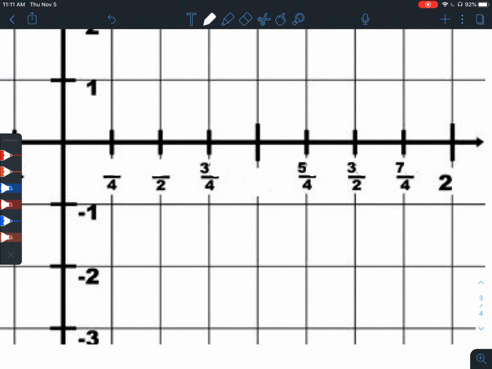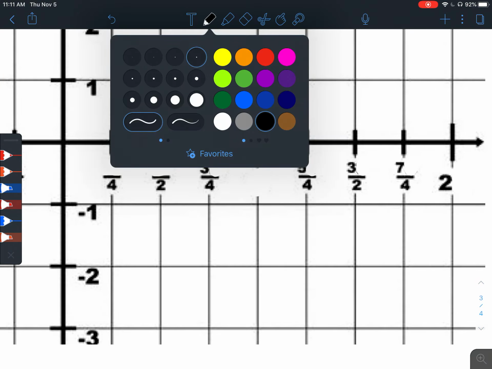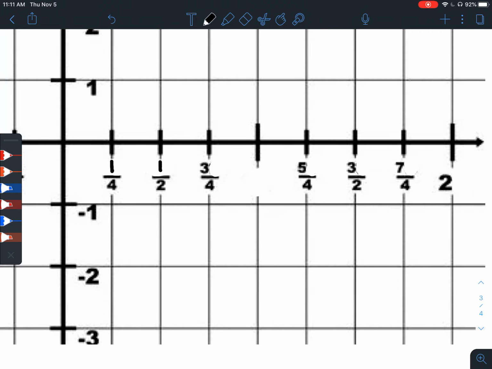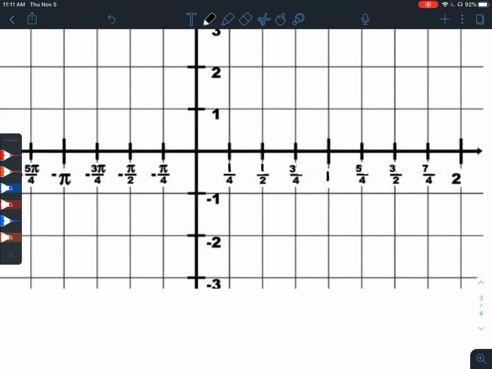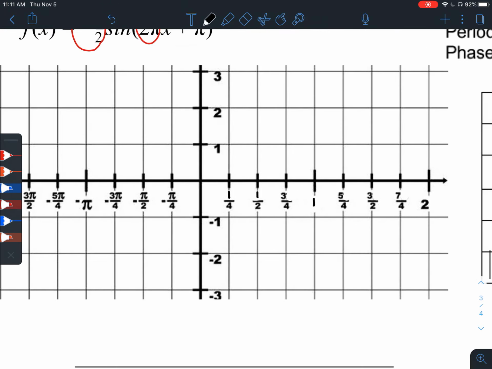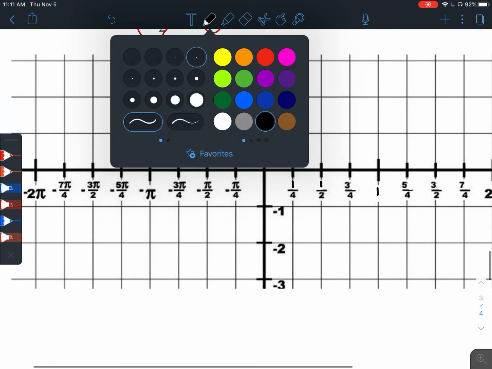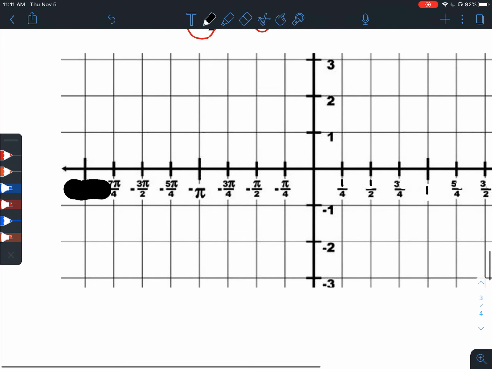Okay, so then these are now 1s. And then I'm going to go ahead and erase this stuff over here, so we don't need this stuff.